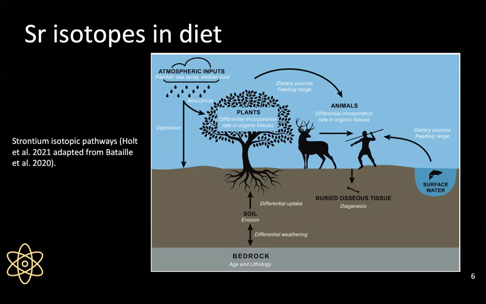So, to briefly break this down, strontium occurs naturally in bedrock and in various layers of ground soil, which is then taken in through plant roots. And plants also absorb strontium from rainfall, sea spray, and aeolian dust. And then fauna come and consume plants in their environment, thus taking in the strontium and depositing it into their bone and tooth enamel.